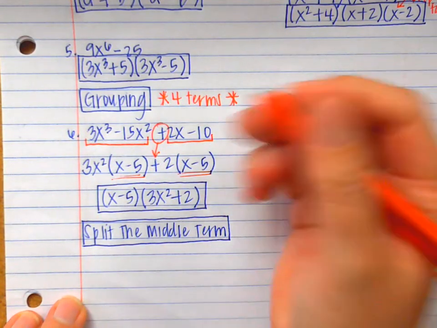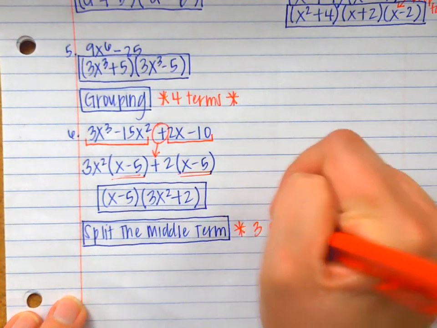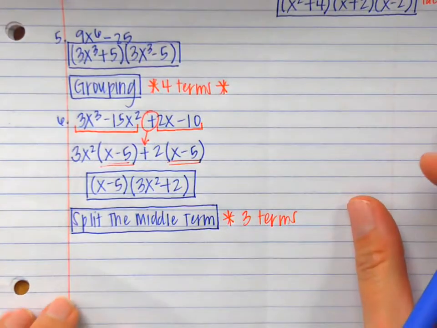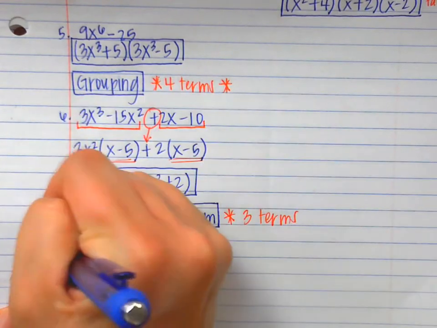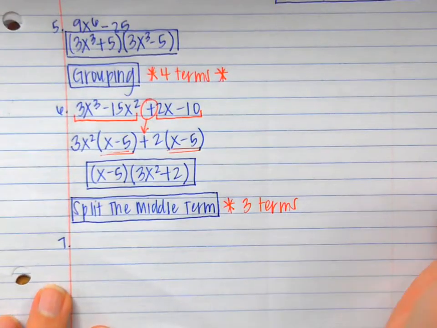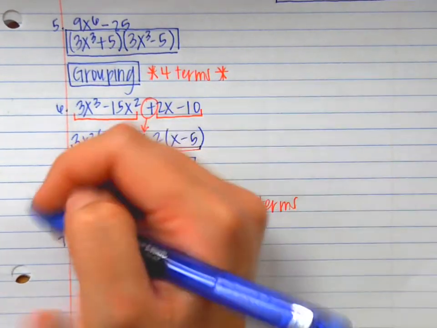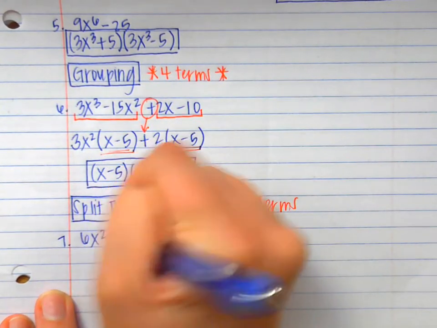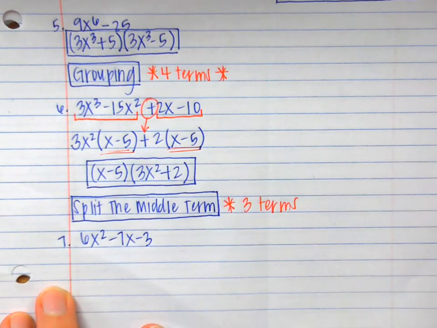So split the middle term. Now we use this method when there are 3 terms, and we use this one a lot. So I'll give you an example. An example of a 3-term expression that we can factor would be something like 6x squared minus 7x minus 3.